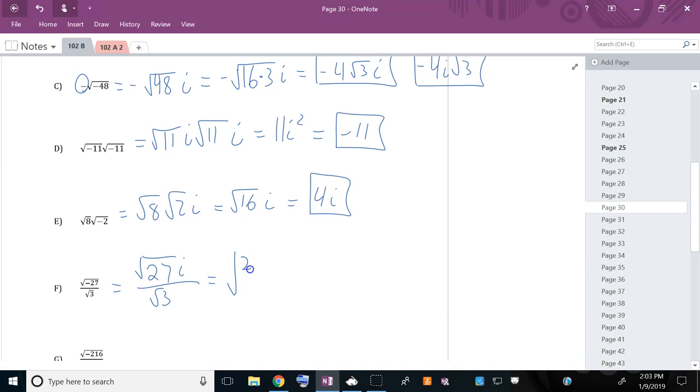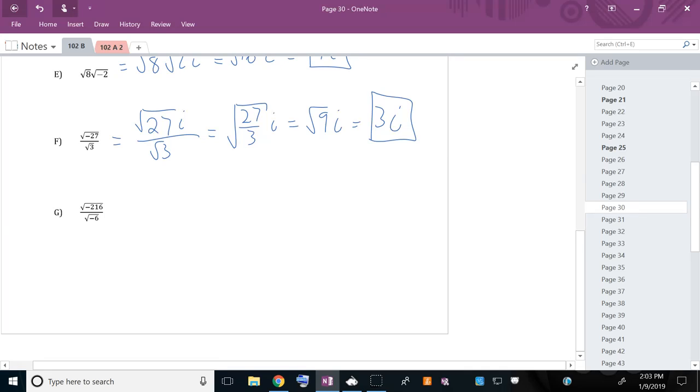What I'm going to do is write it as one big fraction, all underneath the radical, and I do still have the i on the outside. The reason I'm doing that, 27 divided by 3, that's 9, and then the square root of 9 is 3. So I chose that simplifying method just because looking at the numbers, that turned out to be an easy way to work the problem. Let's scroll down and do one more.